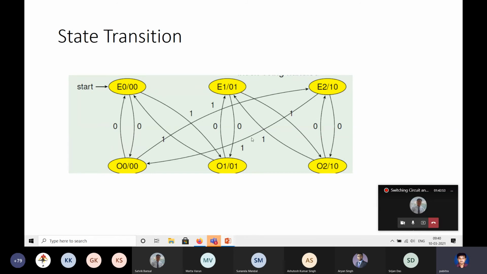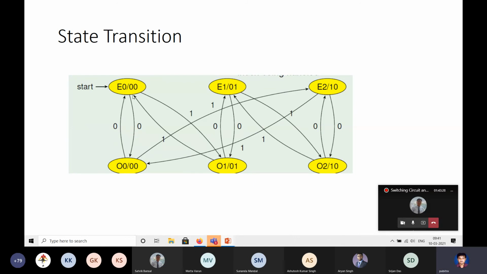Similarly, there is no transition from any O to any O. It's all from E to O and O to E. And on input 1, the transitions from E to O go to the next level. So E0 moves to O1, E1 moves to O2. And there is a wraparound, so E2 moves back to O0.